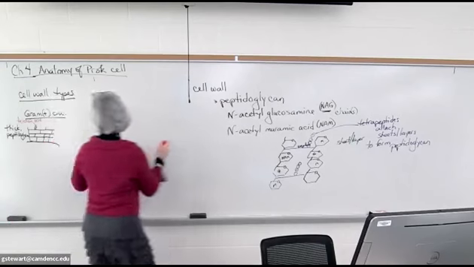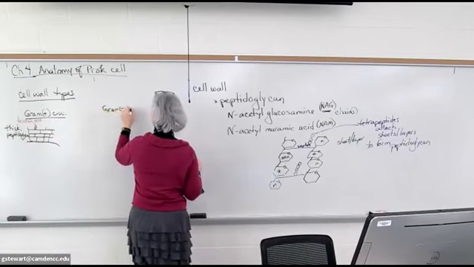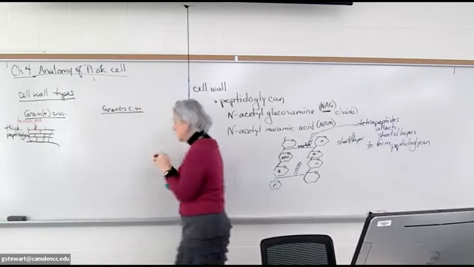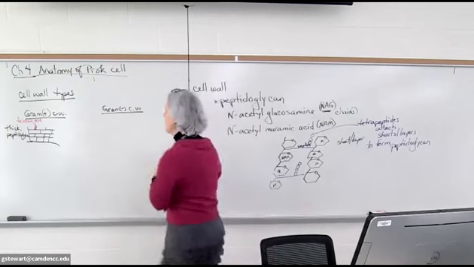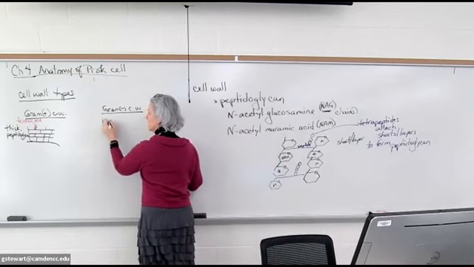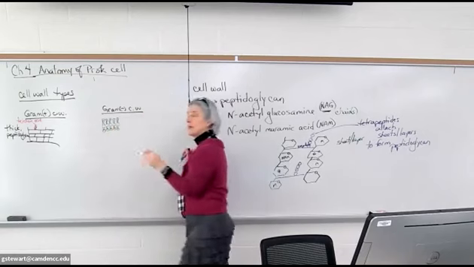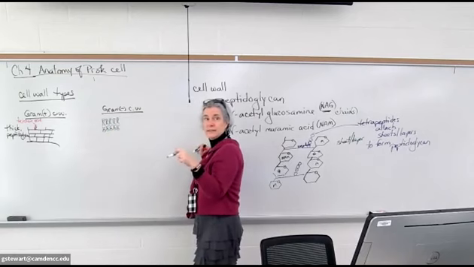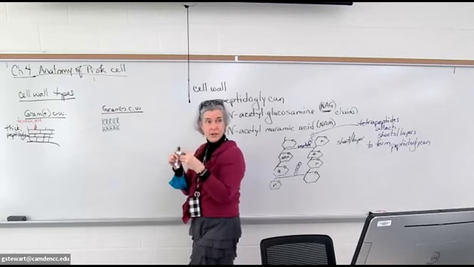The gram-negative cell wall looks very different because the gram-negative cell wall has an outer membrane. So there is a phospholipid bilayer here. Right, you're okay with me drawing it this way, right? Phosphate heads that are negatively charged, lipid tails that are hydrophobic, want to be near each other, right?